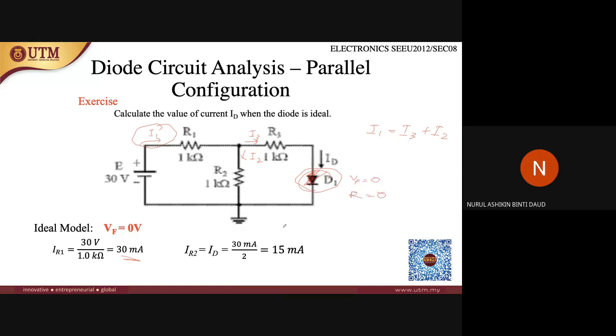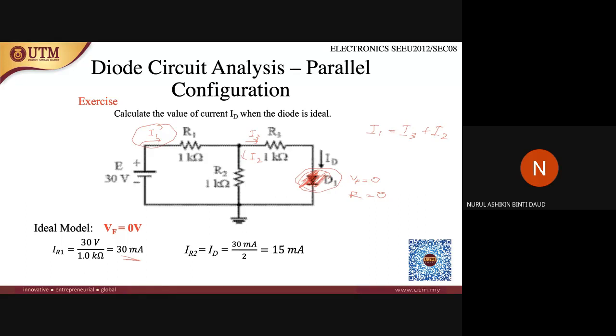So it means that the current flow here can be divided into 2. So 30 milliampere divided by 2 will give you 15 milliampere. So this is for the parallel configuration.